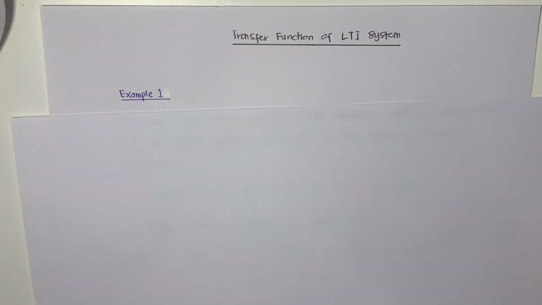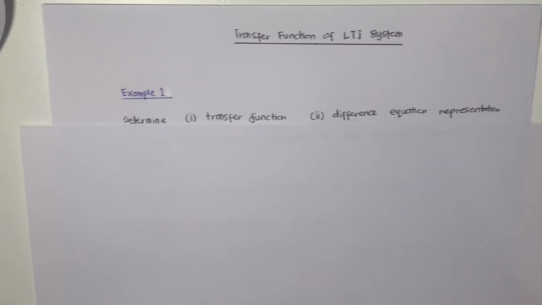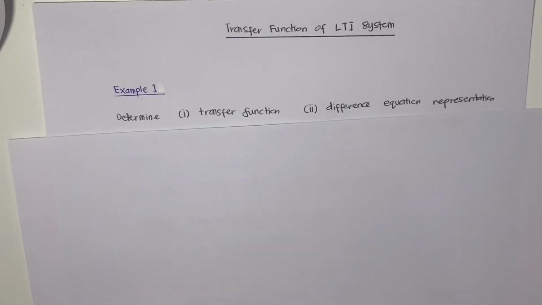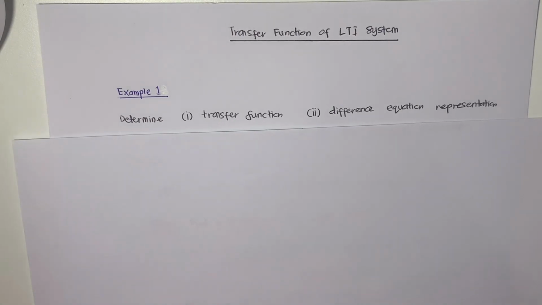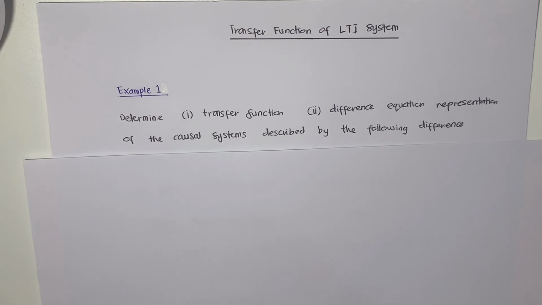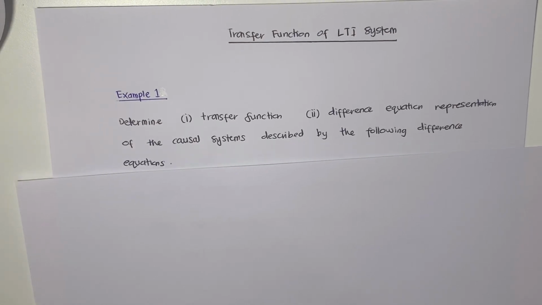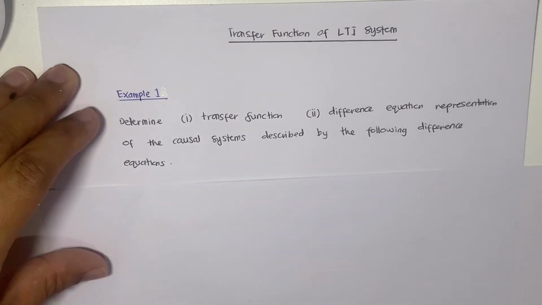Okay, now we go to example 1. The question asks you to determine the transfer function and difference equation representation of the causal system described by the following difference equations.